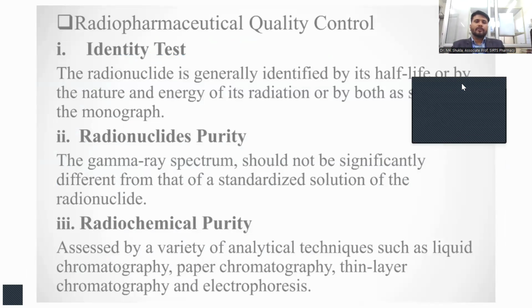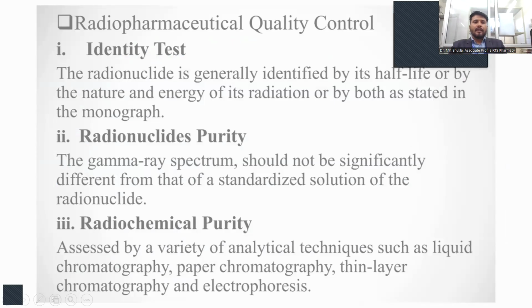Radiopharmaceutical quality control: they can be tested under the identity test. The radionuclide is generally identified by its half-life, or by the nature and energy of its radiation, or by both, as stated in the monograph. Radionuclide purity: the gamma ray spectrum should not be significantly different from that of a standardized solution of the radionuclide.